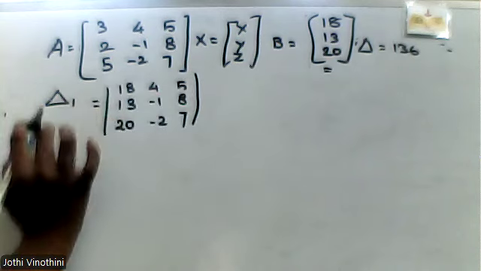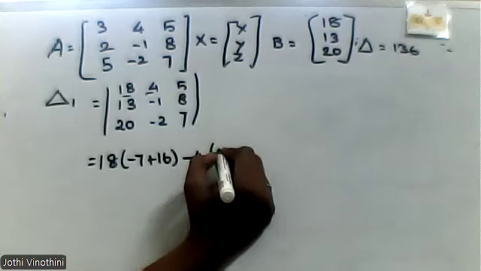So this is what we have to solve to get del 1. Here also we are going to solve row-wise. I am going to take 18, so it becomes minus 7 plus 16, minus 4.